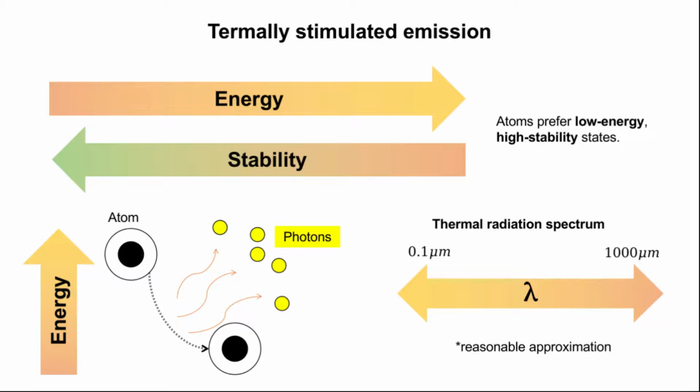Now let's translate what we just learned in terms of heat transfer. Heat transfer radiation is produced by the so-called thermally stimulated emission. When atoms are thermally stimulated, they reach a higher energy level, which brings those atoms into a less stable state. In order to reach a higher stability, atoms give out their energy by emitting photons.